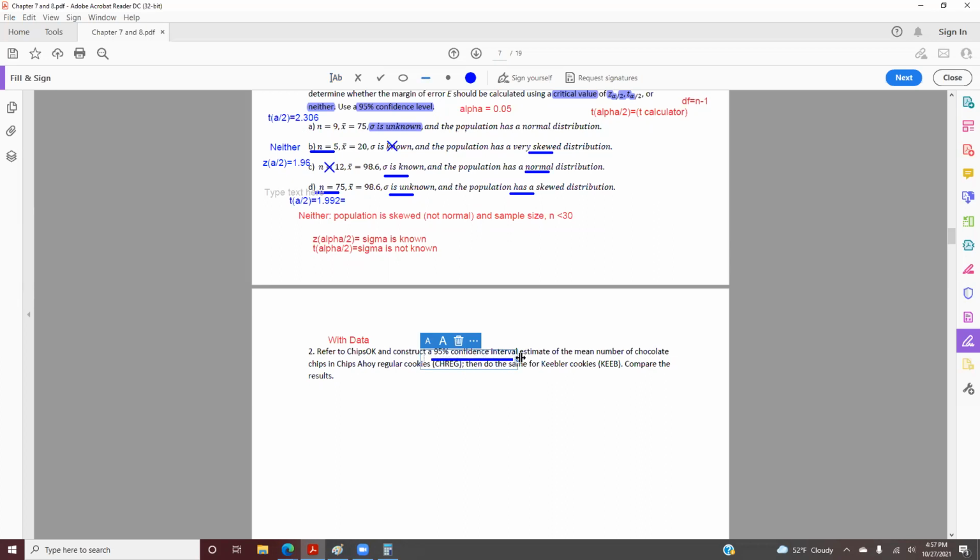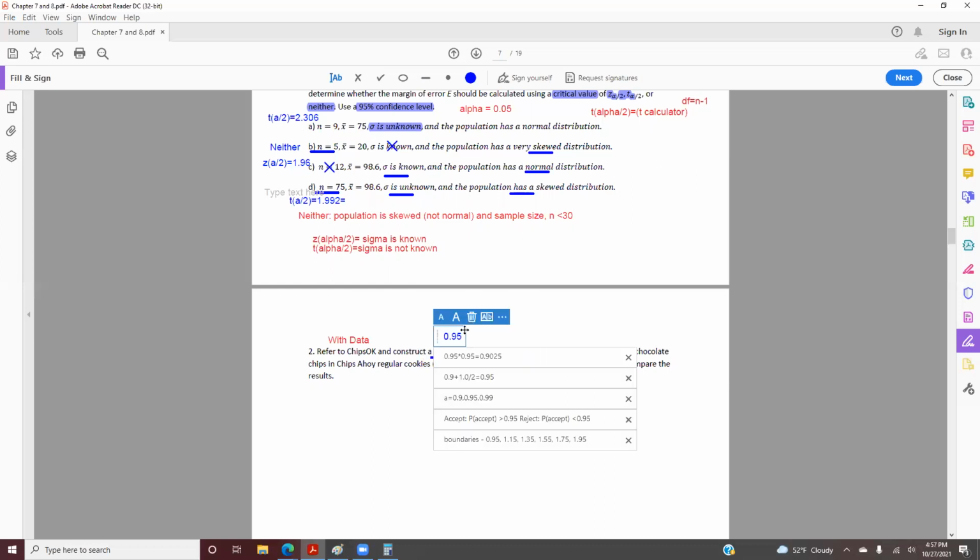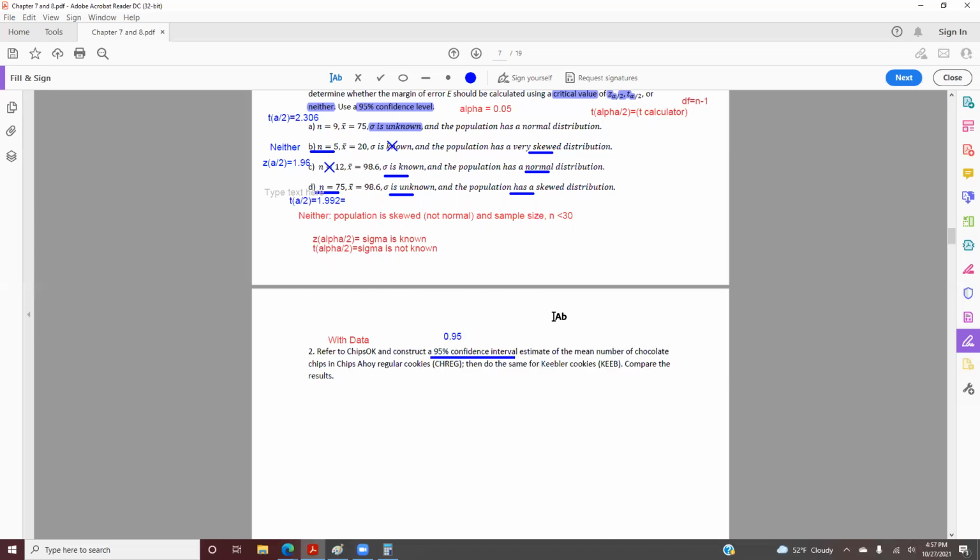When they want you to find the confidence interval, then you will use 0.95 here. So make sure you know the difference. The majority of your questions are going to be finding the confidence interval. I think there's only 1 or 2 questions in your test that ask you to find the critical value. So the majority is confidence interval.